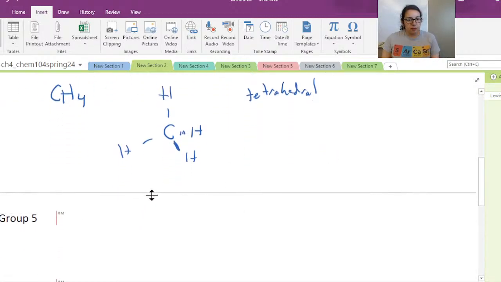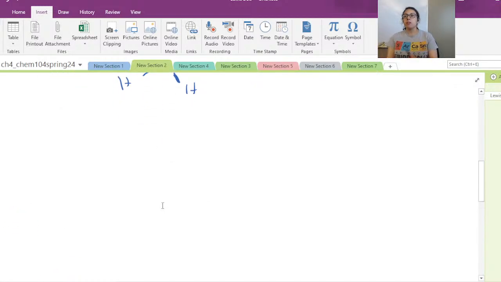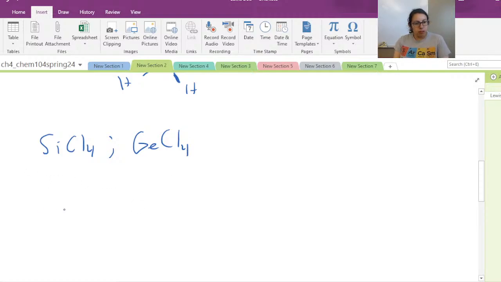Let's look at other group 4 compounds. All the other group 4s tend to do similar things. We have silicon tetrachloride, germanium tetrachloride, and those would all be similar structures. You could substitute fluoride, bromide, whatever.